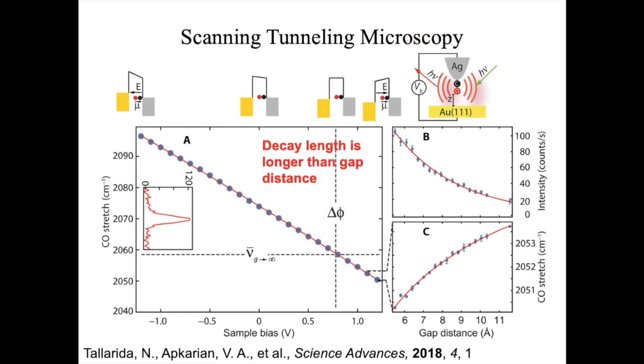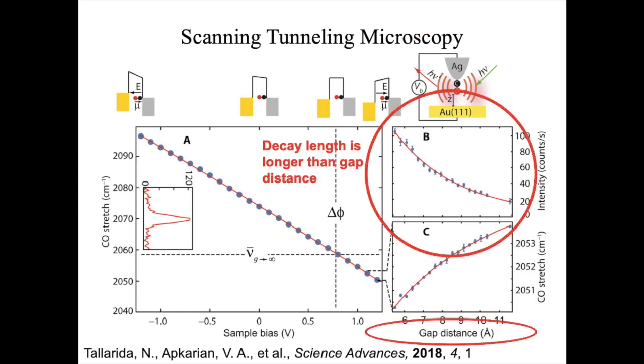And what's really interesting is that we can see that the decay length is longer than the gap distance. So the decay length is shown here, and that is the decay length of the wave function. So the wave function is tunneling, traveling through space and decaying at a certain distance. And the gap distance between the CO and the surface of the gold is a few angstroms, as you can see down here.